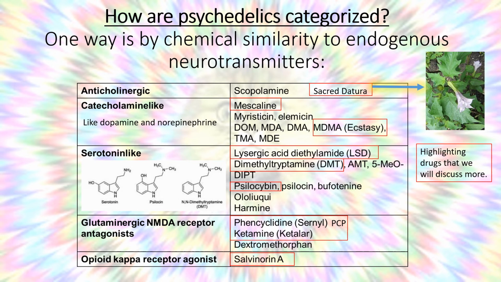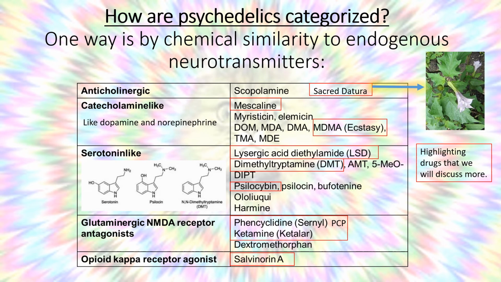The first one that we'll talk about, and perhaps the most relevant for this class, are the categories based on the similarity of the active ingredient of these psychedelics to one of the brain's endogenous neurotransmitter systems, and its effect on those systems as well. So in that category system, we have 5 groups.